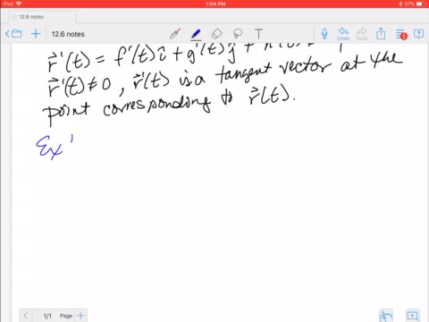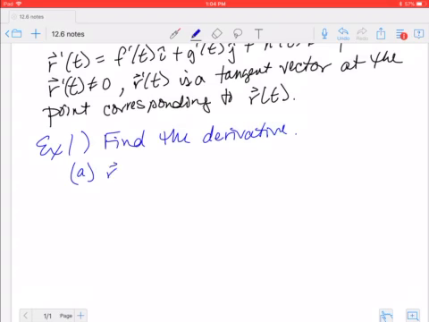So here's example 1. Find the derivative. For part A, I have my vector r of t, that's t cubed, 3t squared, and t cubed divided by 6.